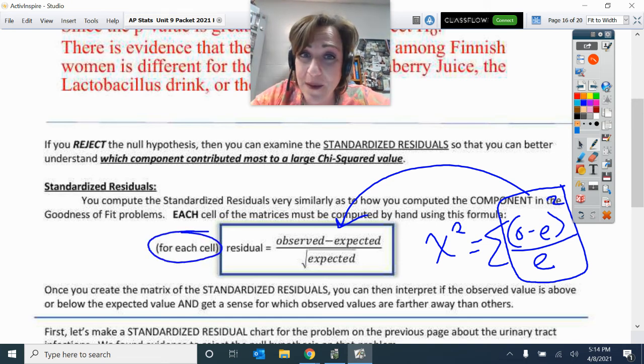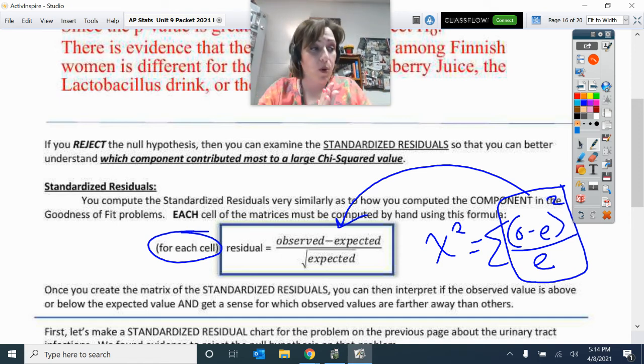Furthermore, the good thing about this is, remember we squared to take away those negatives? Well, this shows the direction, the negatives or the positives, because it doesn't have the squared taking that away. So that's important, because if I have a negative residual, then I know observed was below expected. If I have a positive residual, then what we got was more than expected.